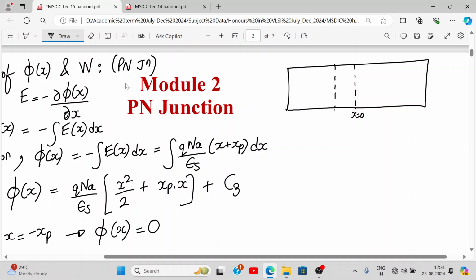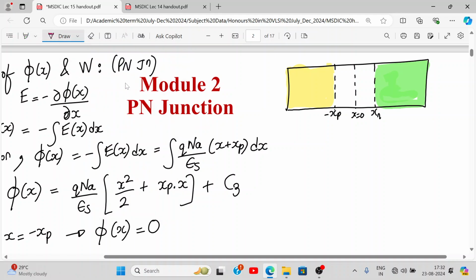Let's say this is minus xp and this is xn. What is this region? Neutral. So this is my P neutral region and this is my N neutral region. Over here my electric field is not present. So if the electric field is 0, can I say the integral of 0 will be 0 only?